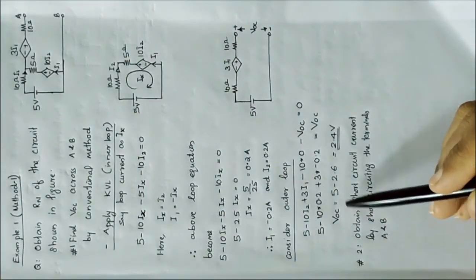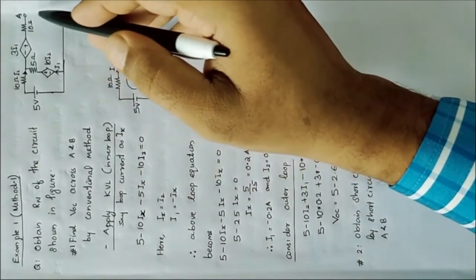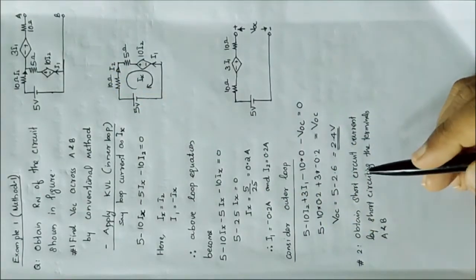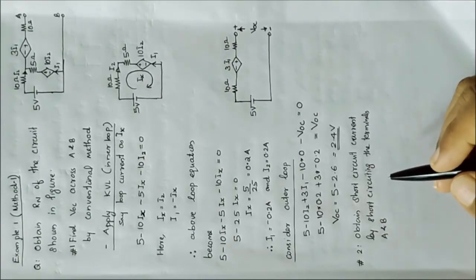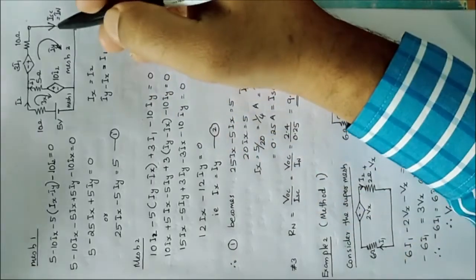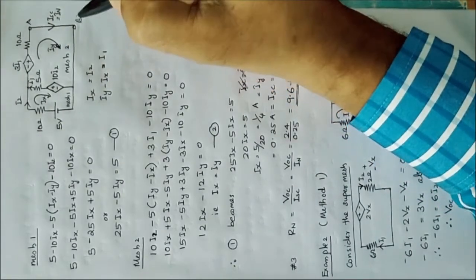The second step in method 1 is to short circuit the open circuited terminals A and B and find the current through the short circuited terminals, that is ISC. So this is the corresponding condition. Here the terminals A and B are short circuited.